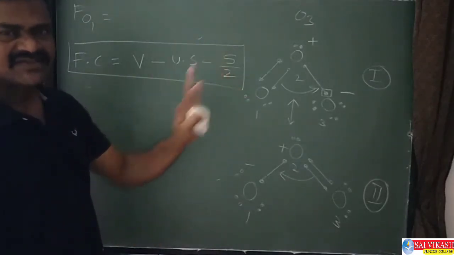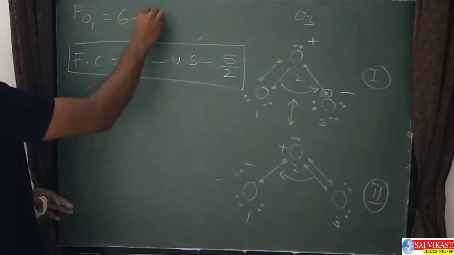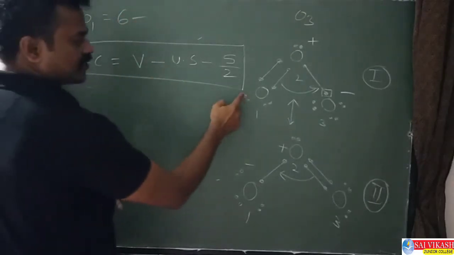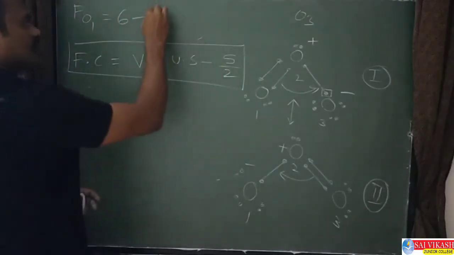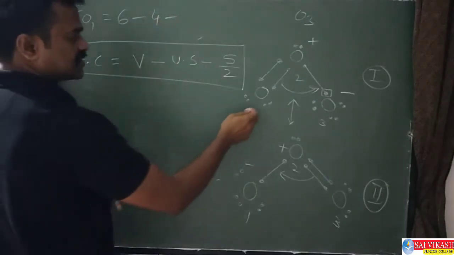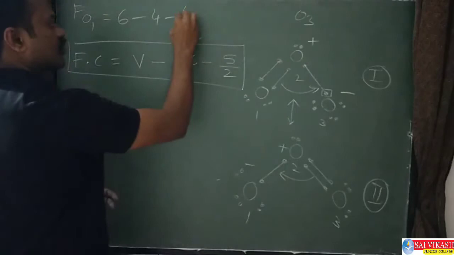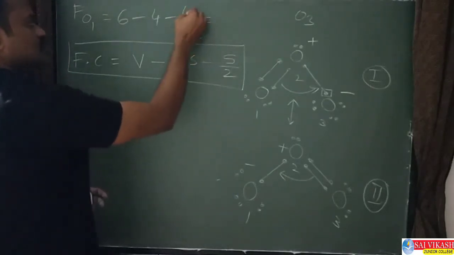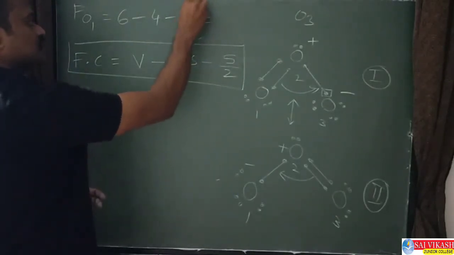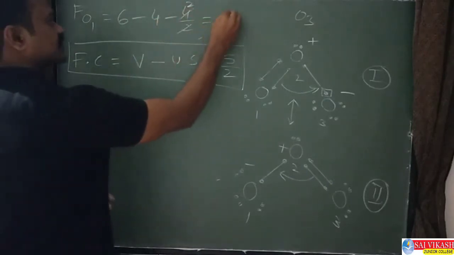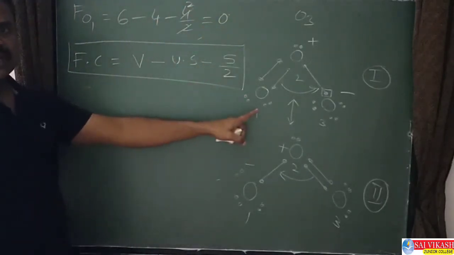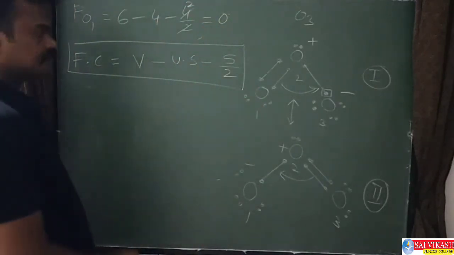Oxygen has 6 valence electrons only, minus the number of unshared electrons, 1, 2, 3, 4, which is 4, minus the number of shared electrons, 1, 2, 3, 4, divided by 2, so this is 2. So 6 minus 6 is 0. So oxygen 1 has a formal charge of 0.